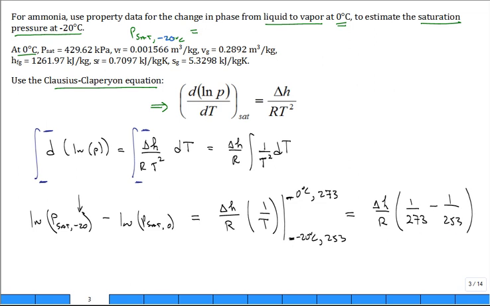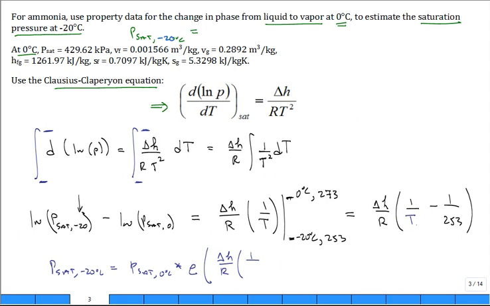All right. So if you want to, the saturation pressure at -20 degrees C is equal to the saturation pressure at 0 degrees C times the exponential of delta H divided by R, 1 over, I guess I shouldn't have put those 273 here.